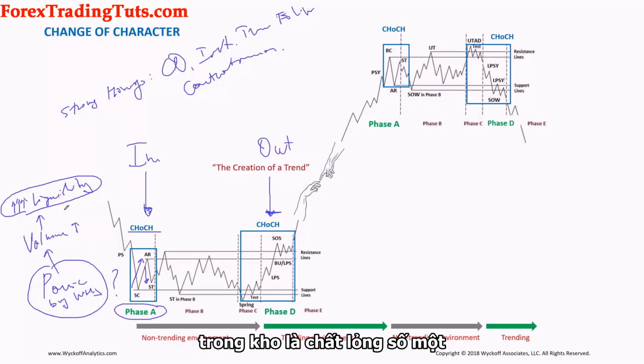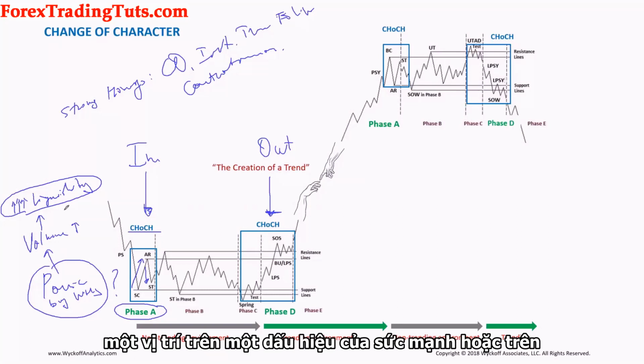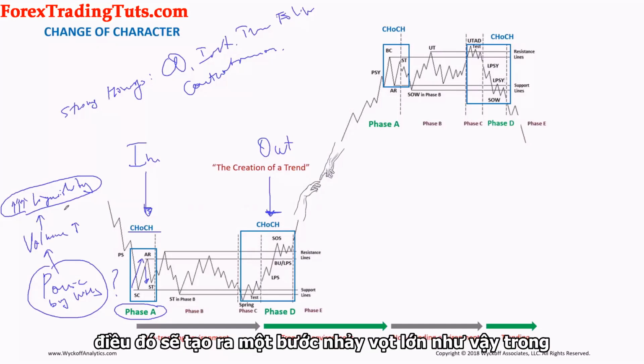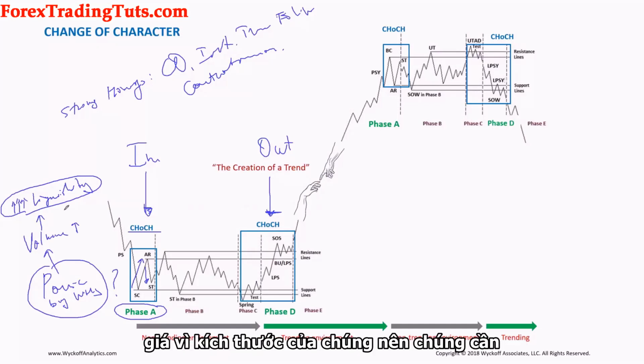They need to be in a stock that is liquid, number one, and they need to invest at the spots in the price structure that are liquid. Imagine a big institution is trying to establish a position on a sign of strength or on the breakout or in the uptrend. What would that produce? That would produce such a big jump in price because of their size.